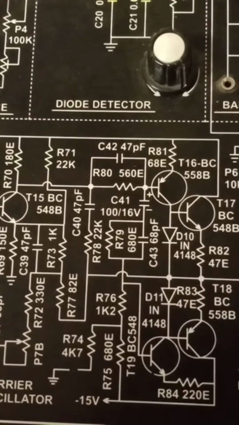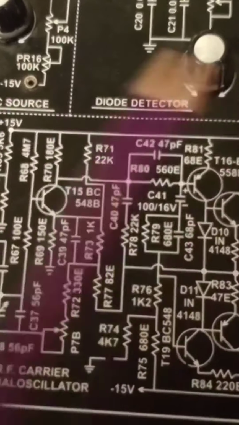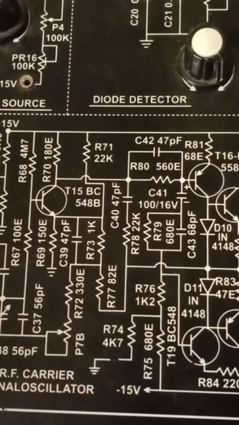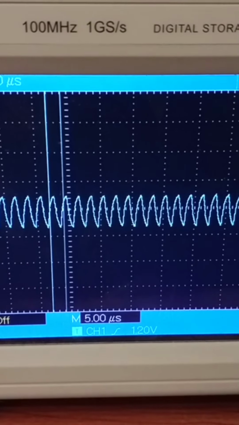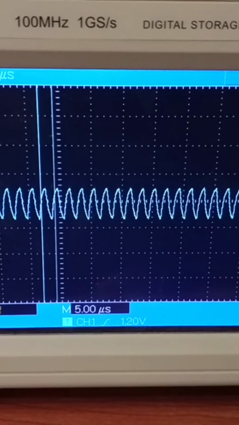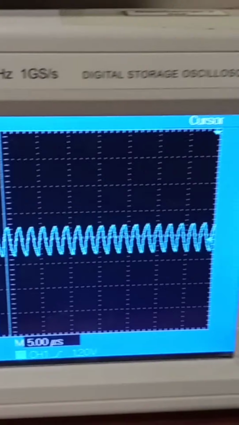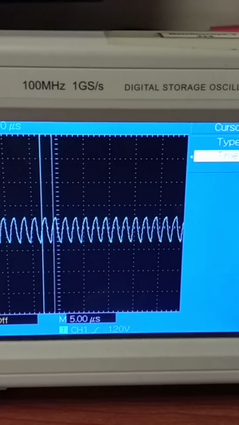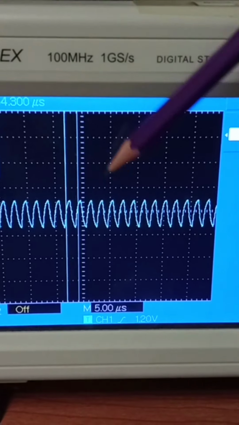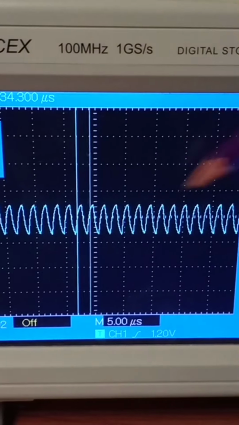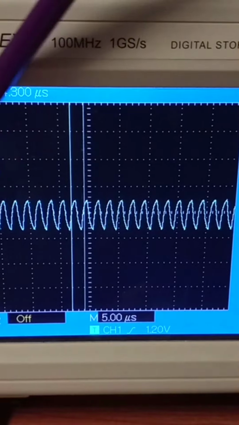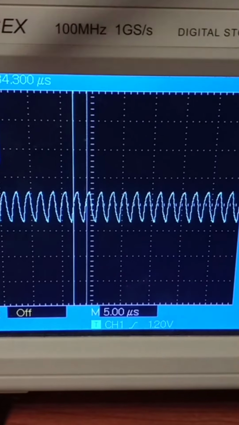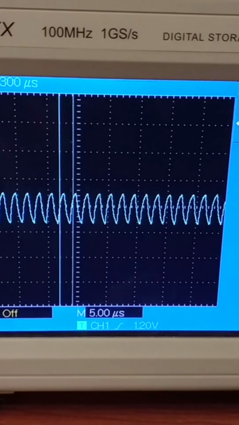Now we are going to observe the carrier signal on the oscilloscope. So this is the carrier signal. I have set the cursor function on time. These are the vertical cursors which show the time, and the time or frequency reading shows here, about 454 kilohertz, which is almost near 455 kilohertz.